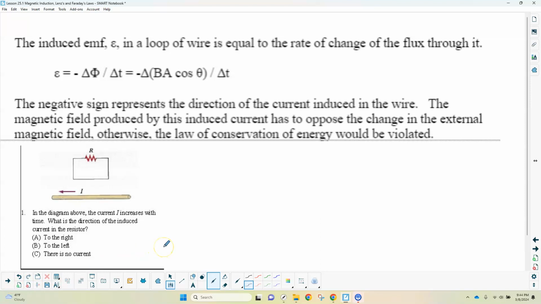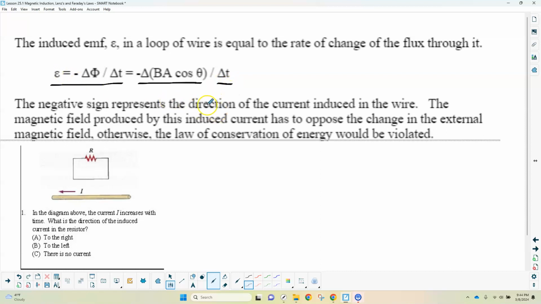All right, so induced EMF in a loop of wire is equal to the rate of change of flux going through it. So this is the equation for it. Rate of change, rate is just how much time it takes for it to change. So if you have a changing BA cosine theta, or changing flux, divided by the change in time.